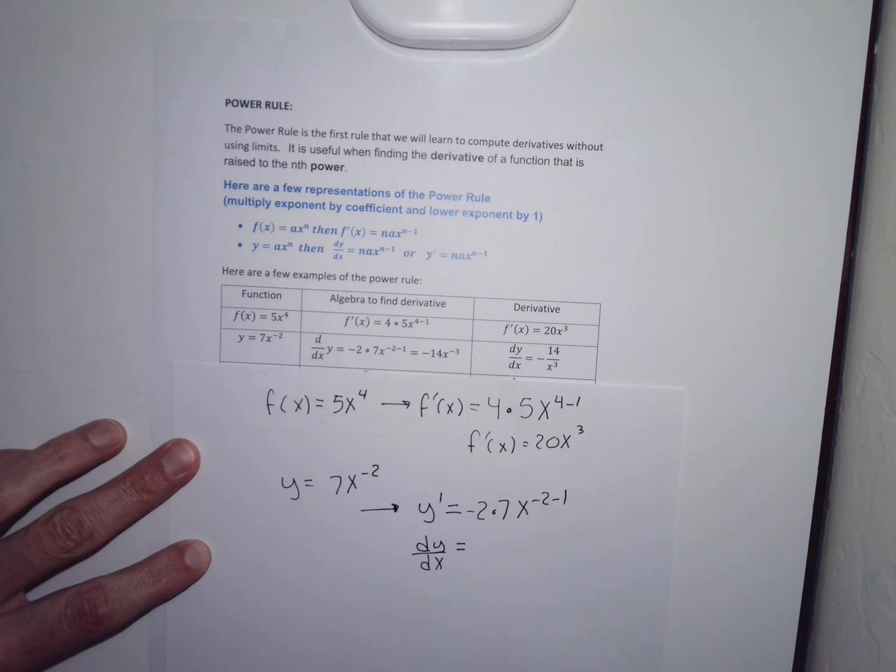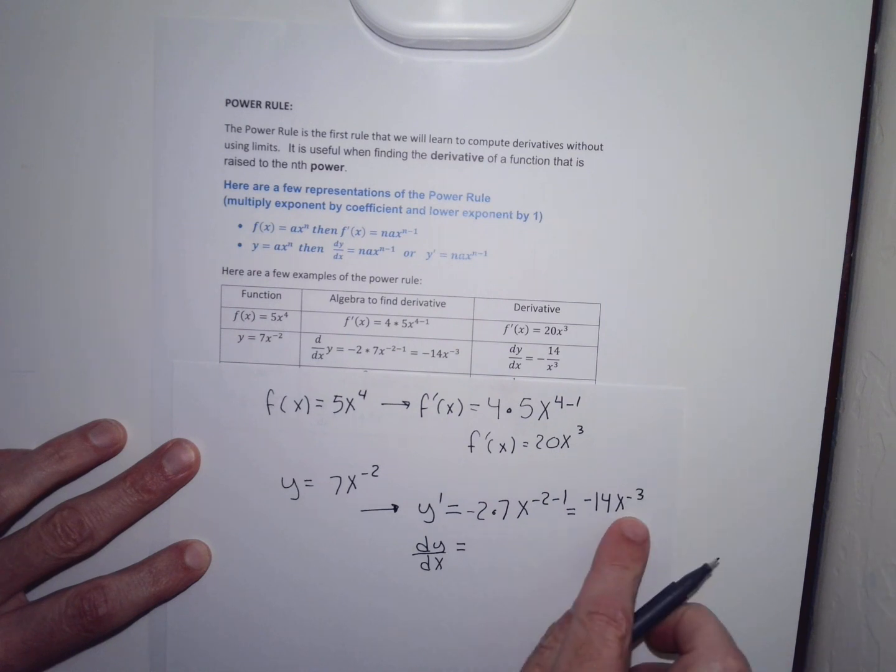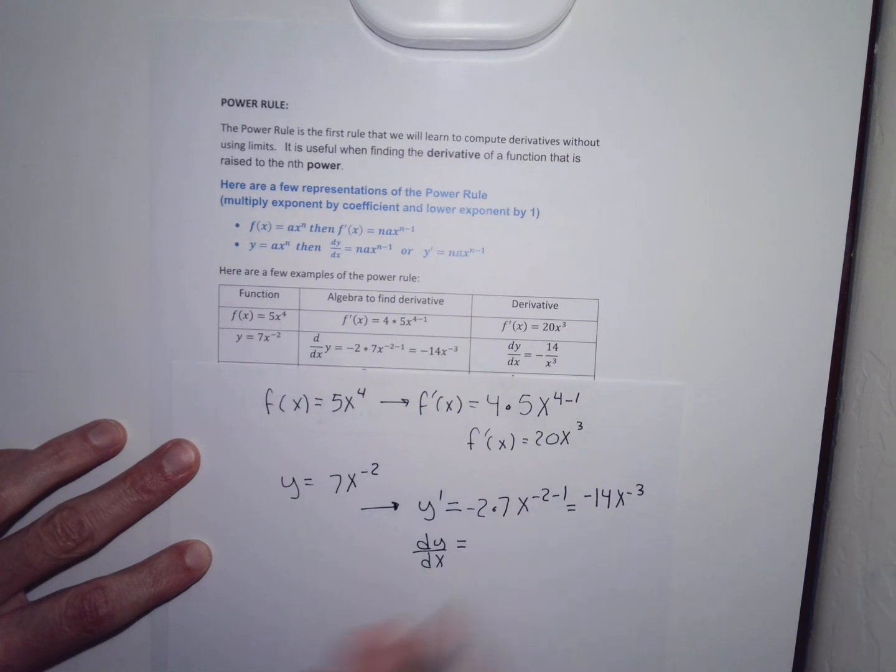Now it's just algebra, which can be a little bit messy, but in this case, negative 2 times 7 is negative 14, and negative 2 minus 1 is negative 3. This is not the best version of the derivative, but it's a correct version. Usually, we don't write answers with negative exponents, so I need to remember some trickery from intermediate algebra to make this negative exponent positive.